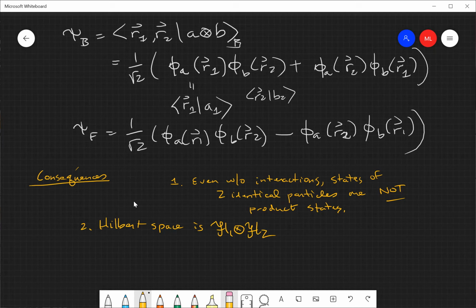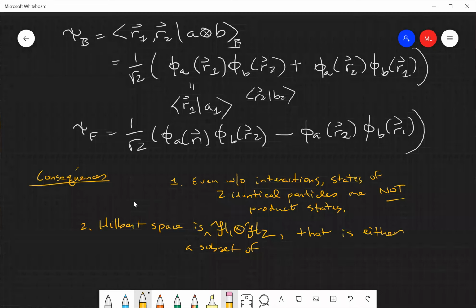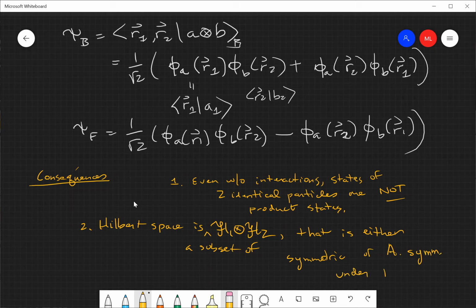The Hilbert space is a subset of the whole tensor product space, and the subset is one in which the states are either symmetric or anti-symmetric under particle exchange.